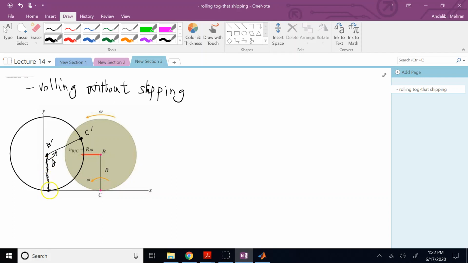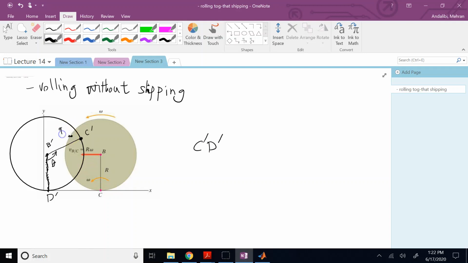Now, this is my question for you. If I call now this new contact point D, or D prime, can I ask you, what is the meaning of C prime, D prime? What is this? D prime here was somewhere like this, maybe.